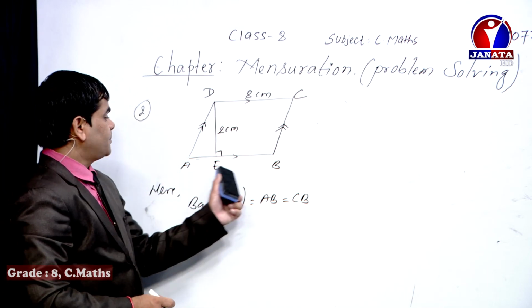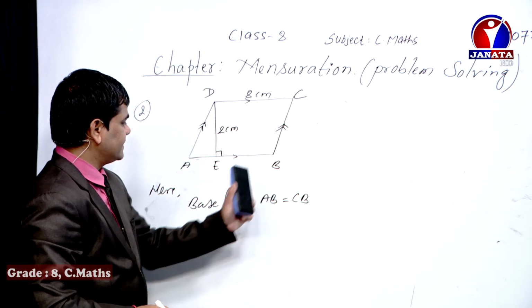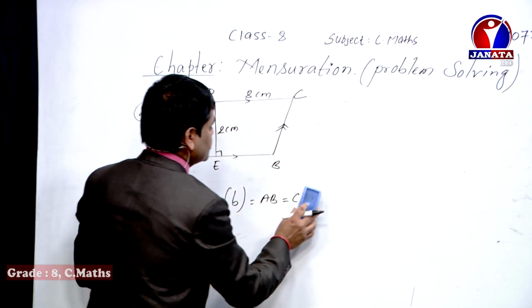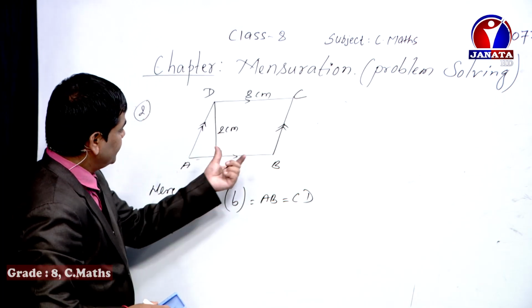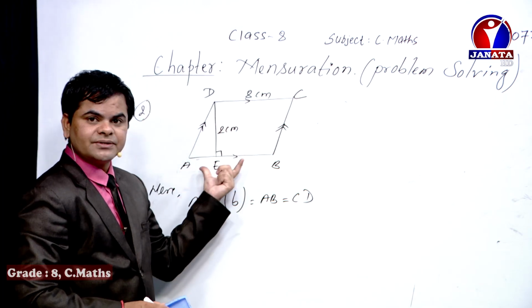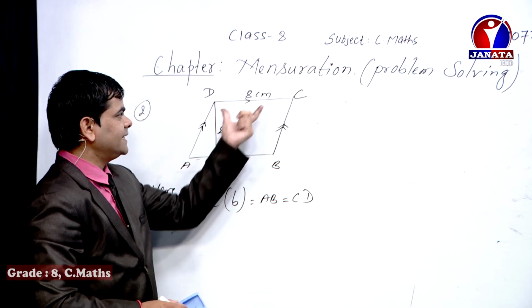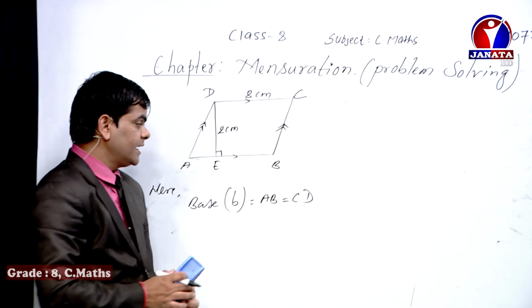Now as per this, AB is supposed as the base, and it equals CD, because AB and CD are opposite to each other. Just now we have known that AB equals CD, being opposite sides of a parallelogram, because opposite sides of a parallelogram are equal to each other.